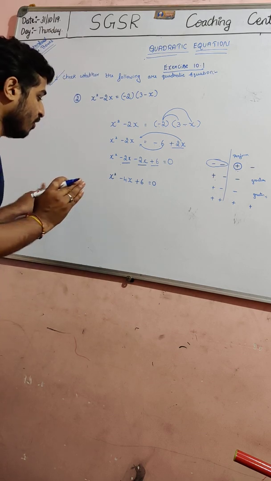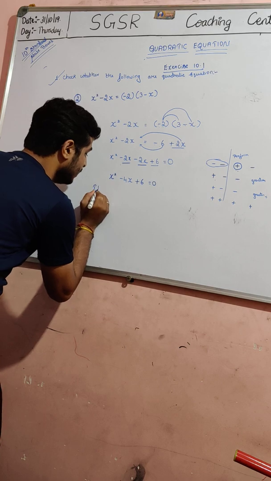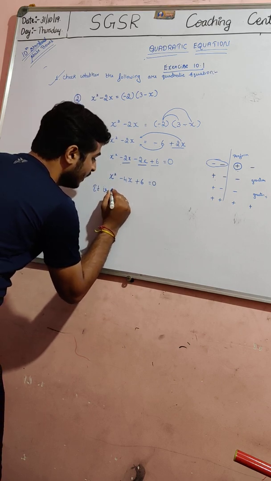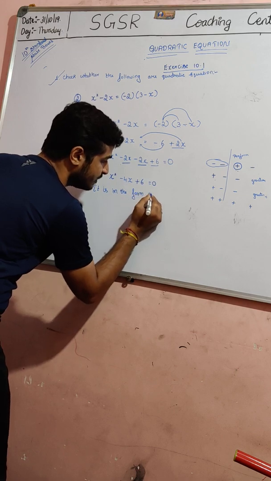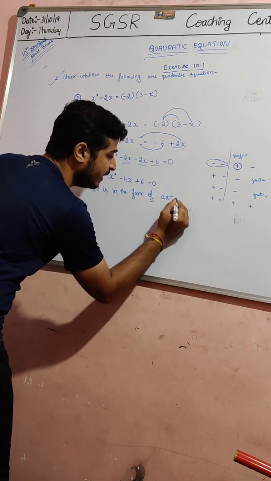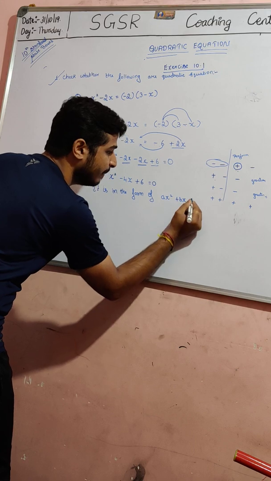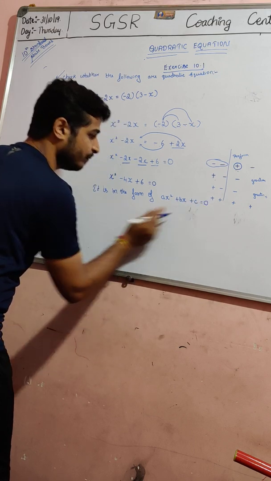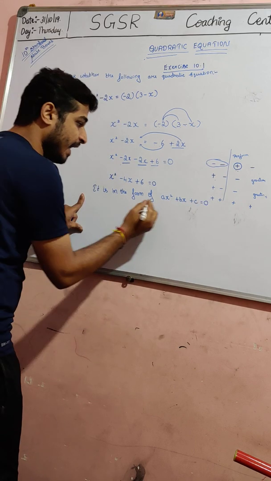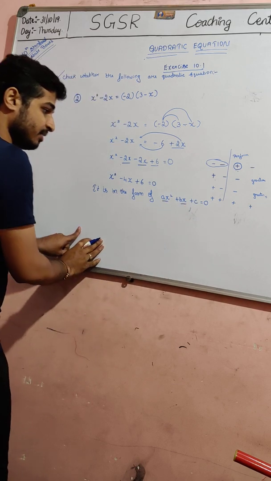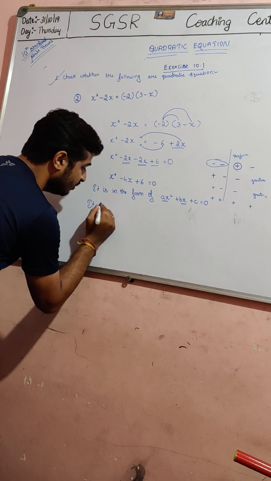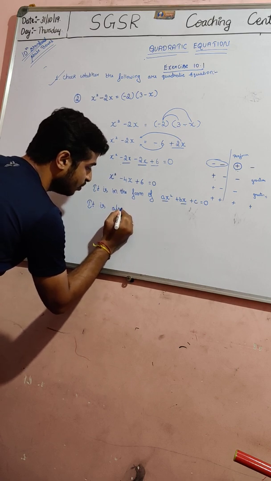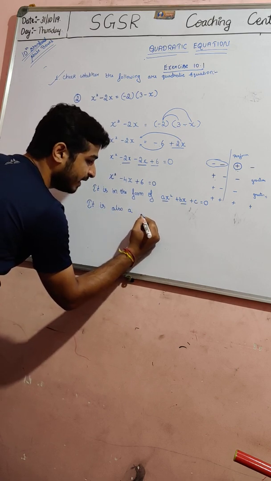It is in the form of ax square plus bx plus c is equal to 0. Now it has two variables, hence it is a quadratic equation. It is also a quadratic equation.